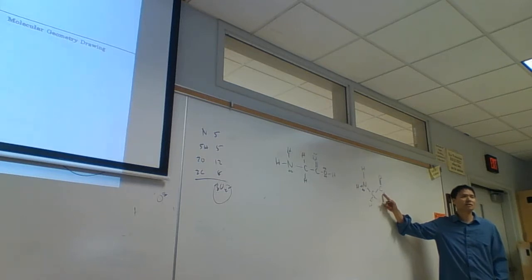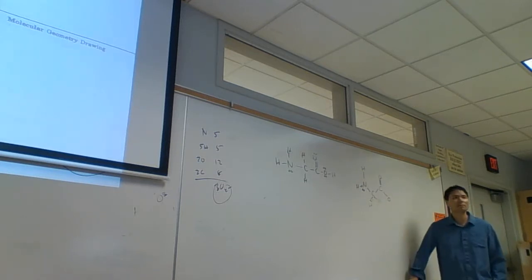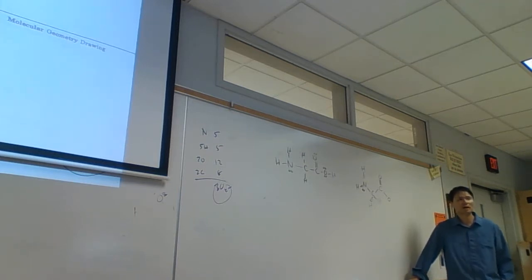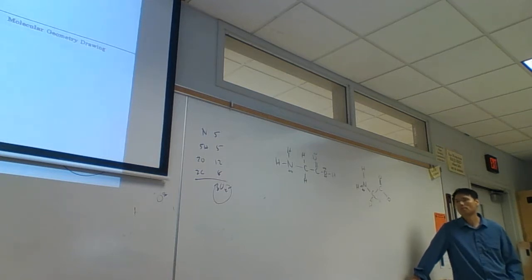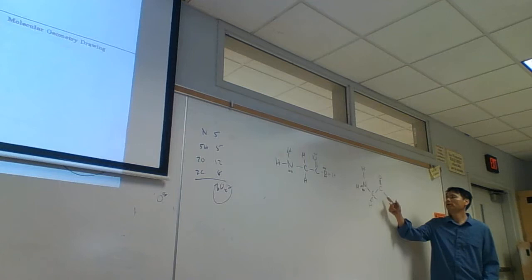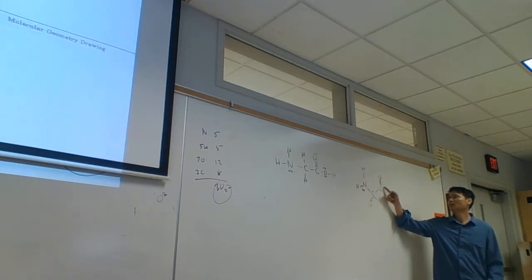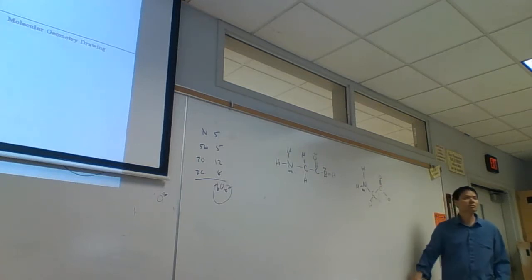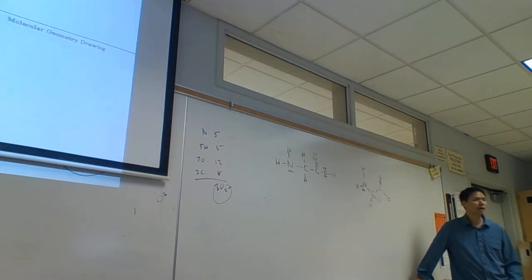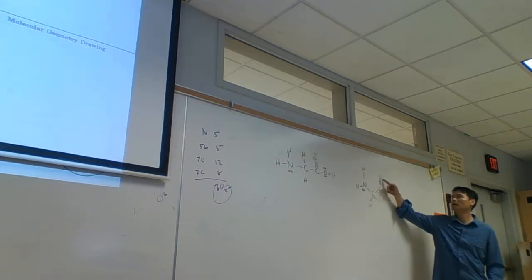You have to use the brown one with the three holes in a trigonal planar arrangement. So we use a brown one for this: brown one with one long stick and one short stick. The short stick will represent the double bond.